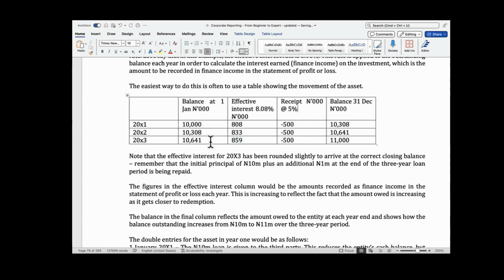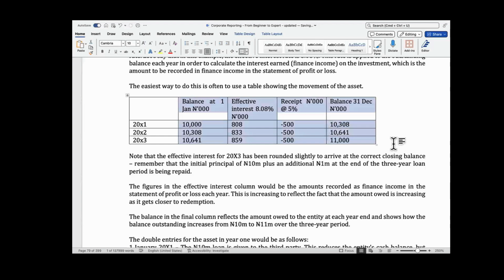By the time you add this plus this minus this, it gives you 11,000. So the first thing you have to have the capability to do is this table.